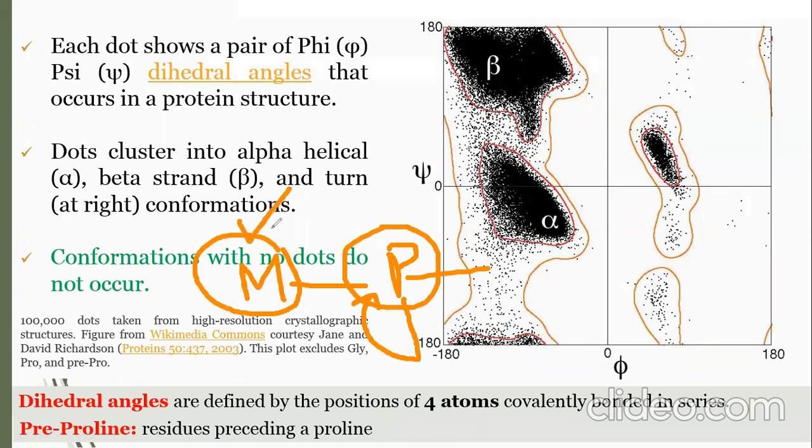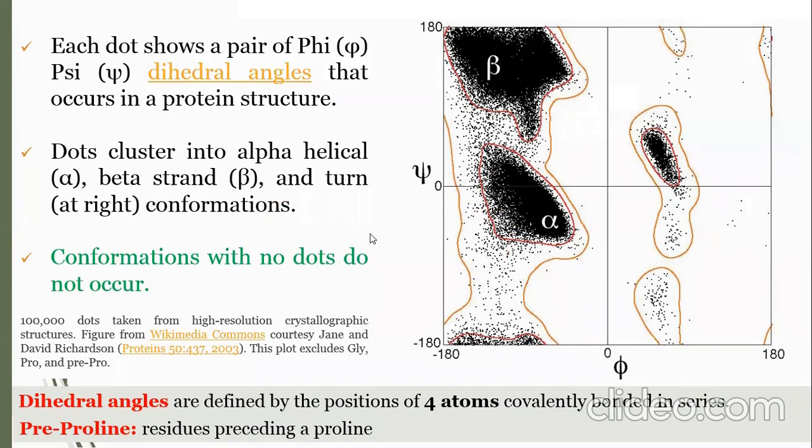So this pre-proline is also important. We will be checking three residues: the first is glycine, the second is proline, the third is pre-proline, meaning the residue preceding proline. These three residues are important in determining a protein structure.